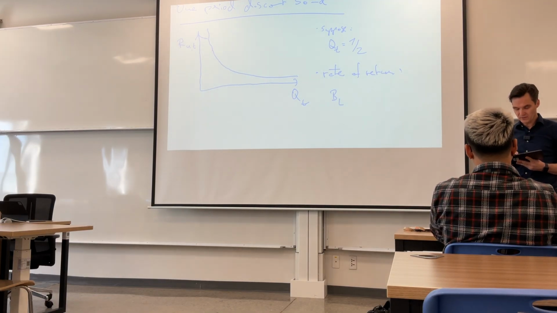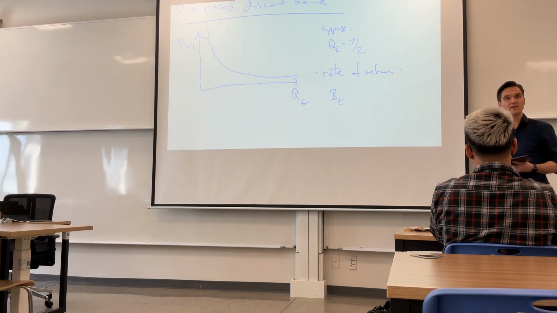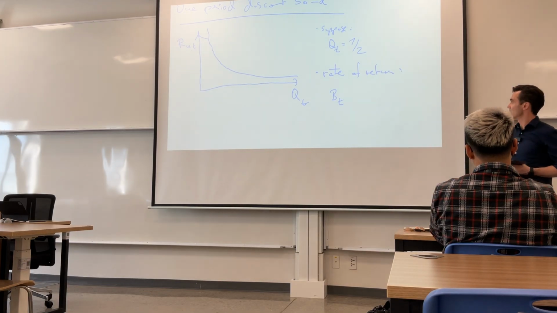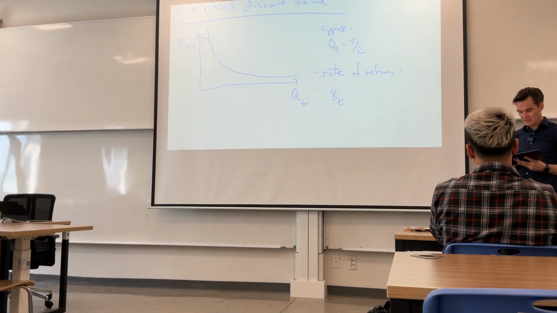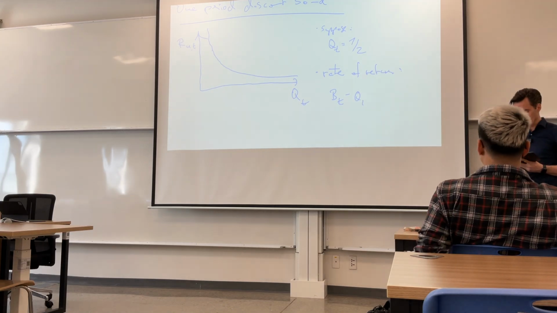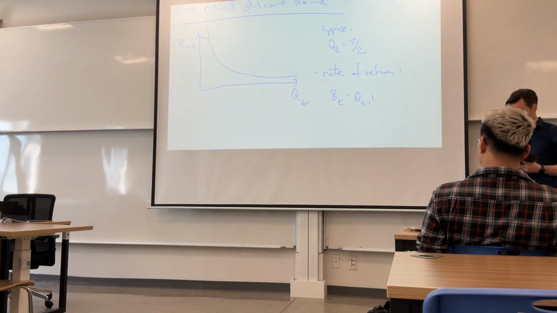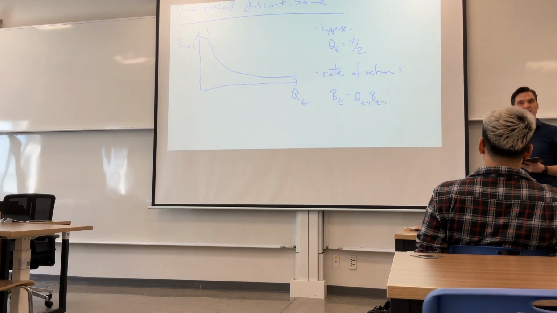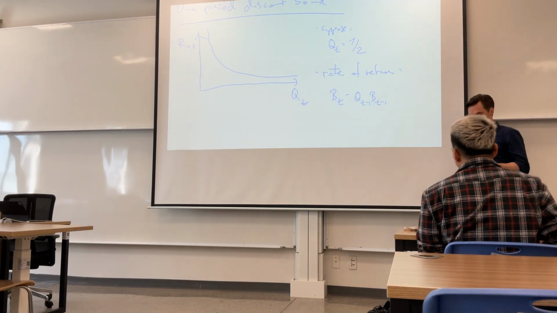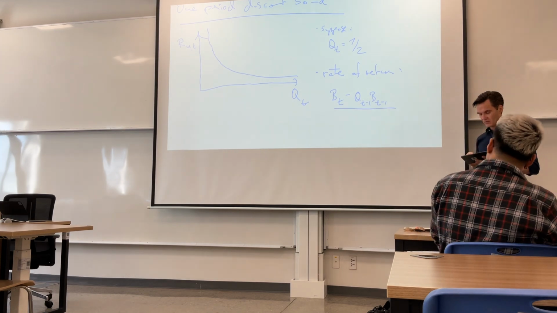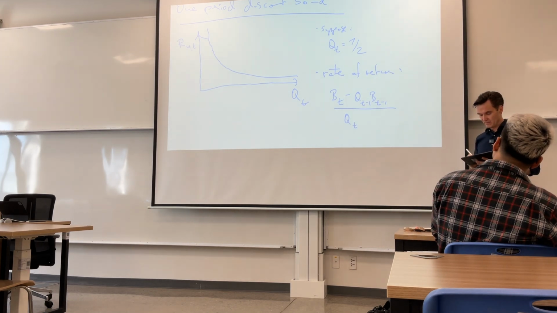BT is what will be paid to you tomorrow. This is the amount of cash coming to you from this investment, and then you have to subtract how much you paid for that investment in the previous period. So you paid QT minus 1 times BT minus 1 in the previous period for that investment. And then, of course, to express this in percent, you divide this by QT minus 1 times BT minus 1. Right? So that's the rate of return implied by your investment.